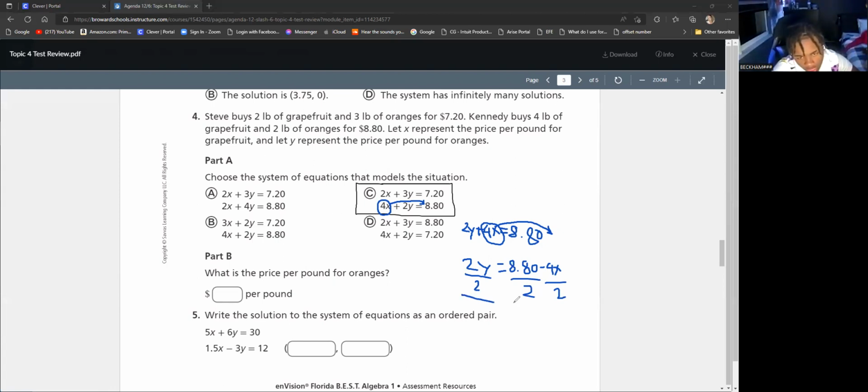Okay, so y equals what? 880 divided by 2. Yep. Negative 4x divided by 2. Minus what? Good. 2x. Don't forget the x.